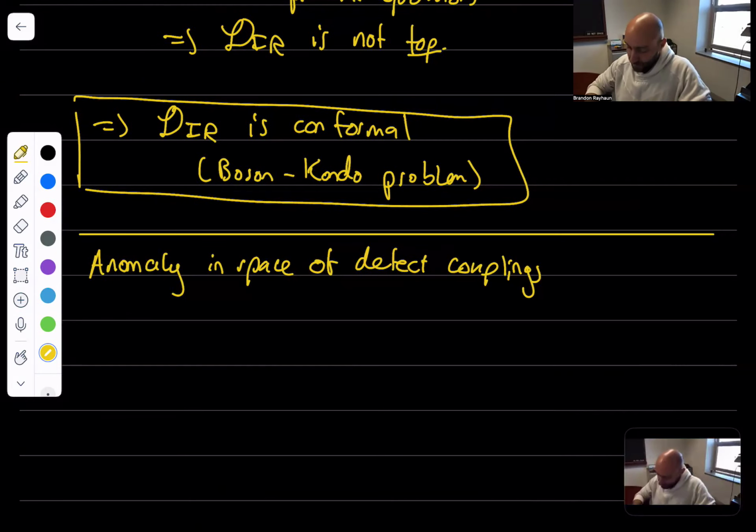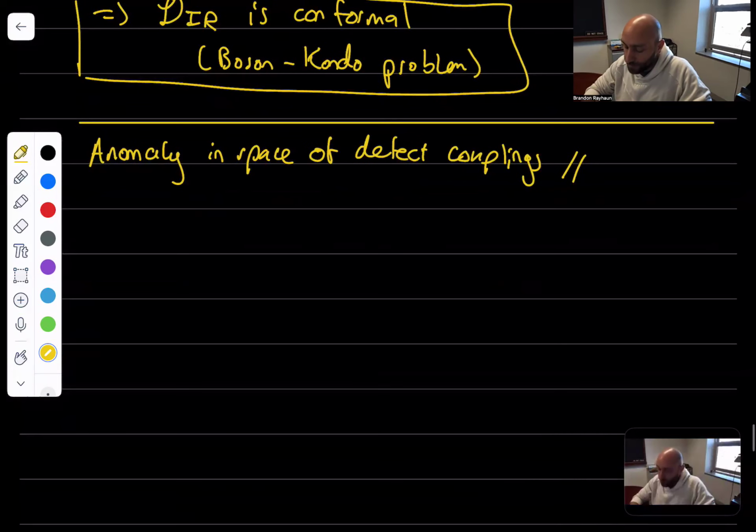Good. So I want to explain briefly this notion of an anomaly in the space of defect couplings. But rather than try to develop a general theory, which is, I think, safe to say, work in progress, let me just illustrate the main phenomenological features in a concrete example. So for reasons that will become clear, I want to focus on the abelian Higgs model in 2 plus 1D.